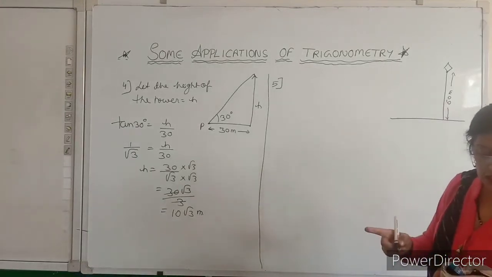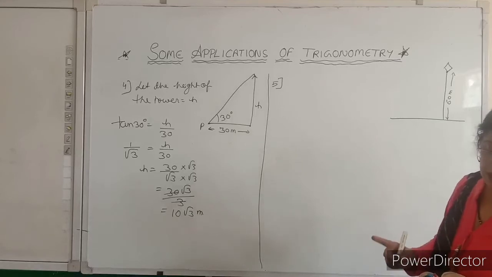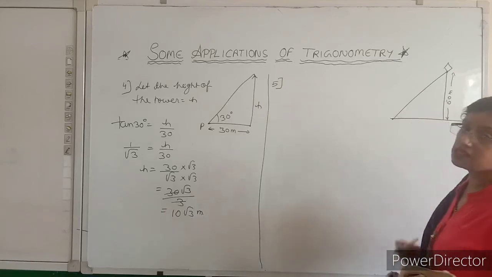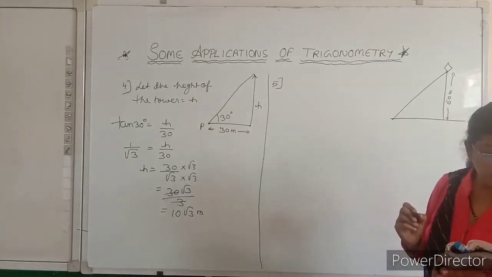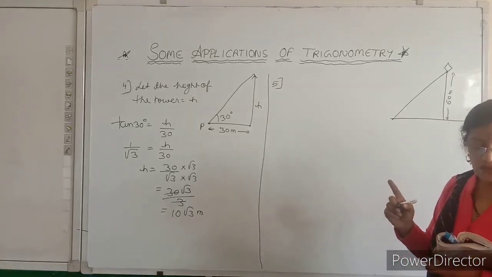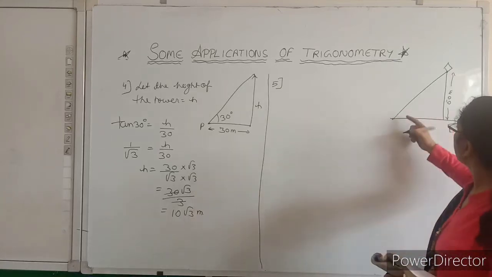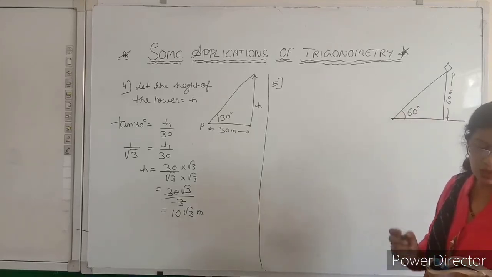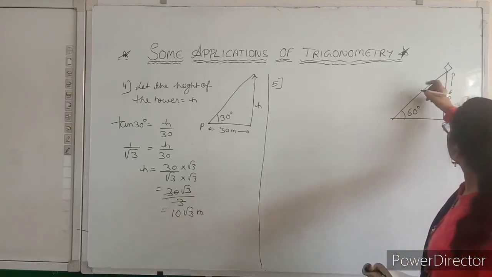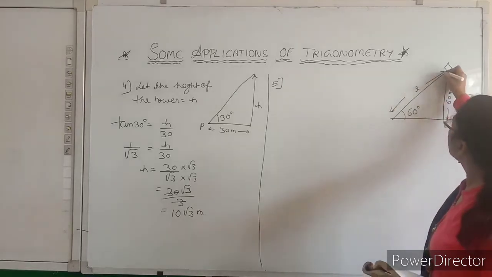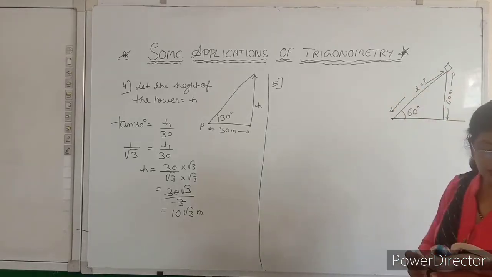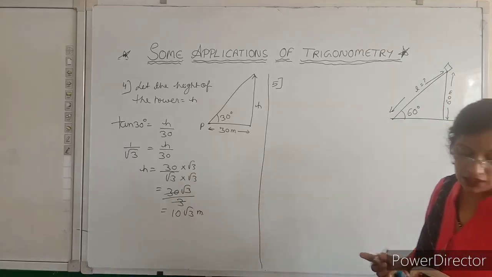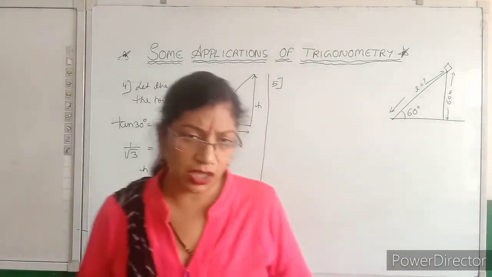The string attached to the kite is temporarily tied to a point on the ground. So we have temporarily attached the kite's string to the ground. So the inclination of a string with the ground is 60 degree. Find the length of a string. This we have to find. And the second thing, assuming that there is no slack in the string. There are no knots or anything in the middle of the string.